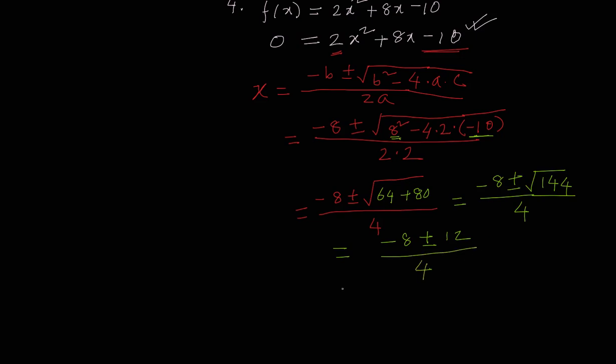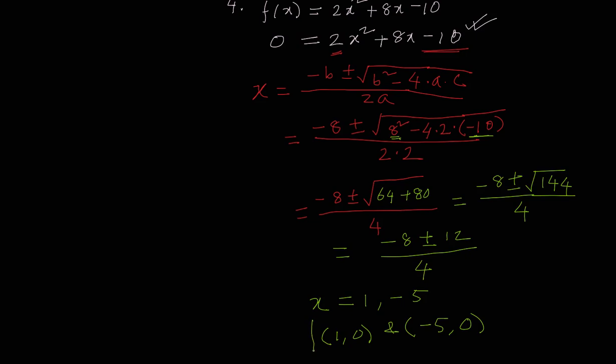So if you simplify, you are going to find x equals 1 and negative 5. So what are my x-intercepts? My x-intercepts are x equals 1, y equals 0, and x equals negative 5, y equals 0.